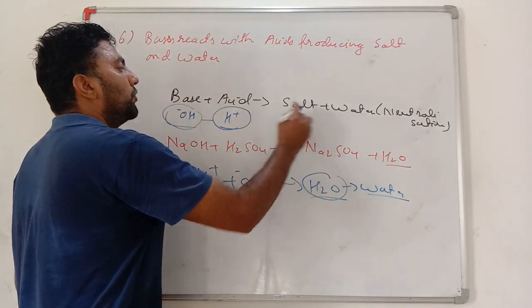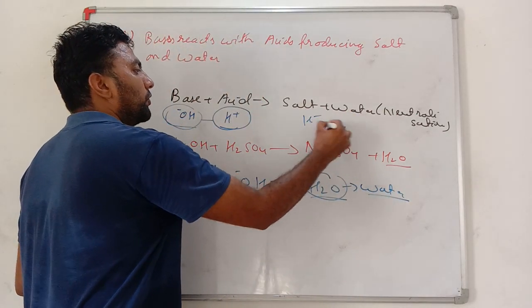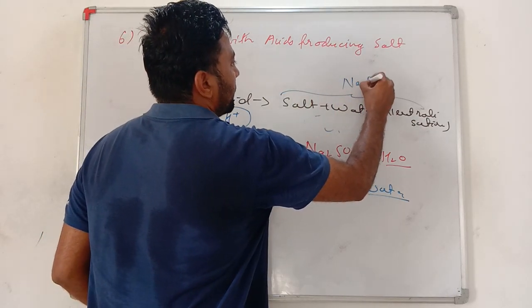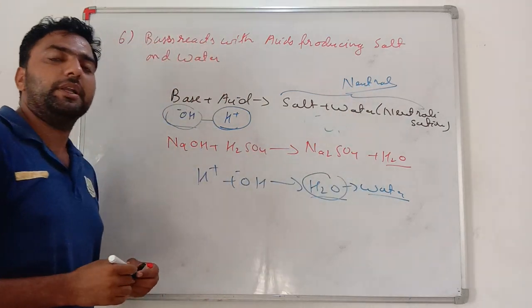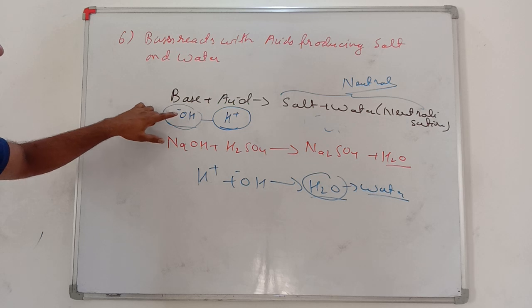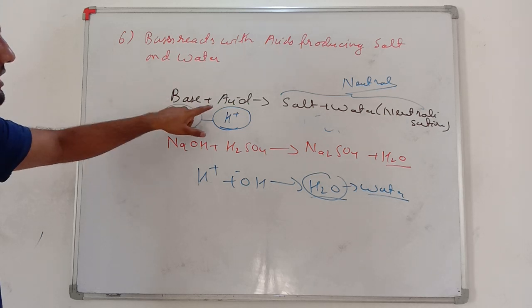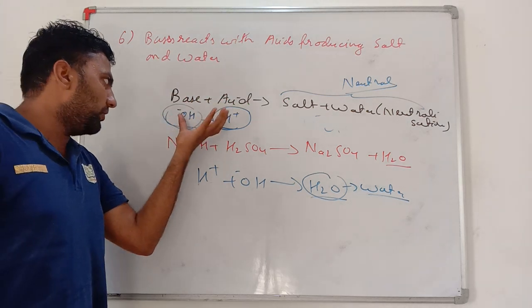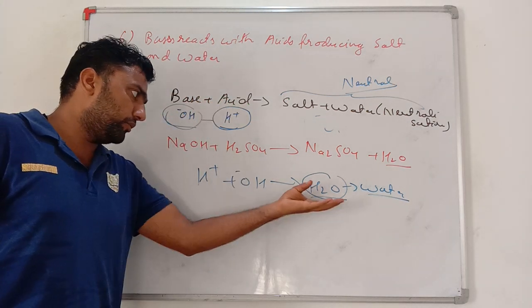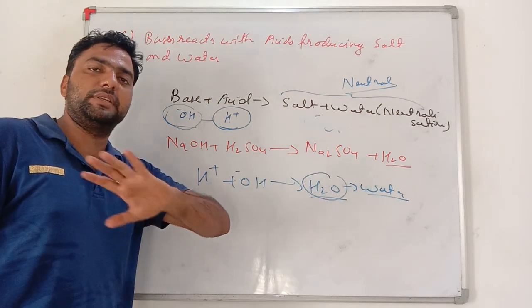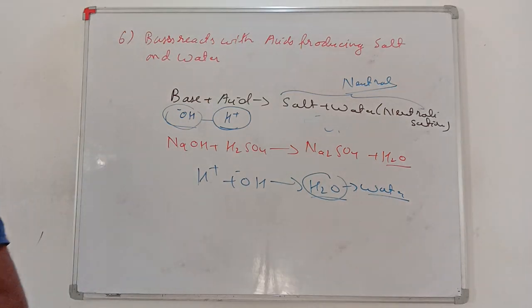There are no more H plus or OH minus ions, because of which we get a neutral product. Whenever a neutralization reaction takes place, the free OH minus ion of the base combines with the free H plus ion of the acid, the acidic and basic nature cancels, and we get a neutral product.